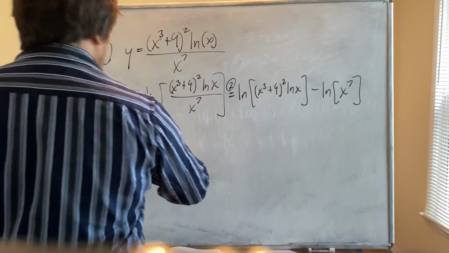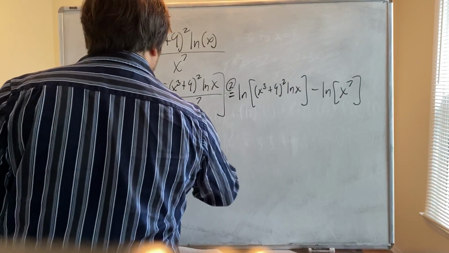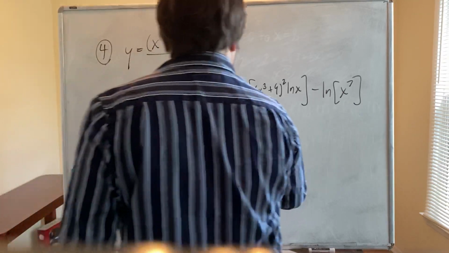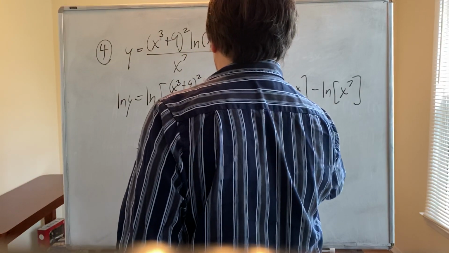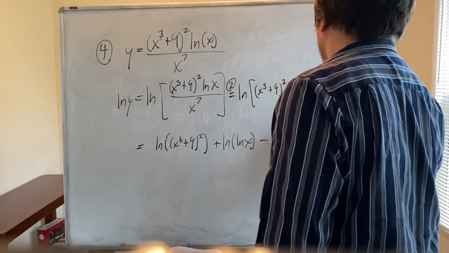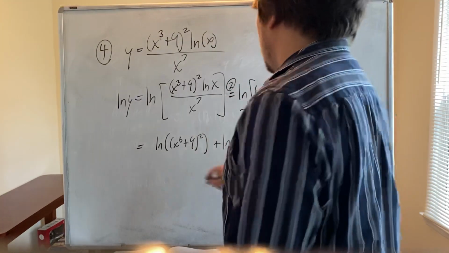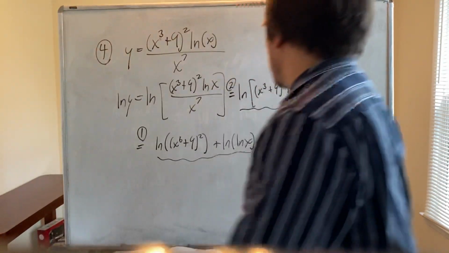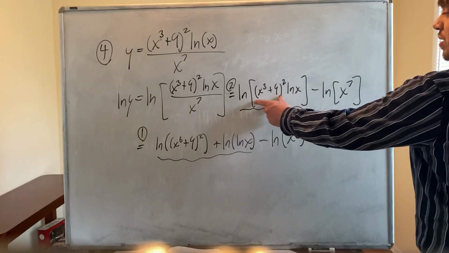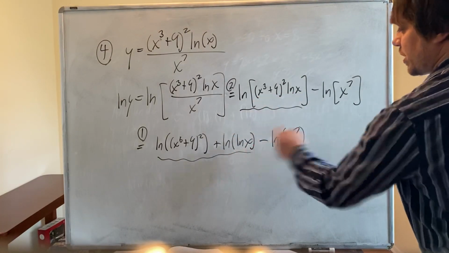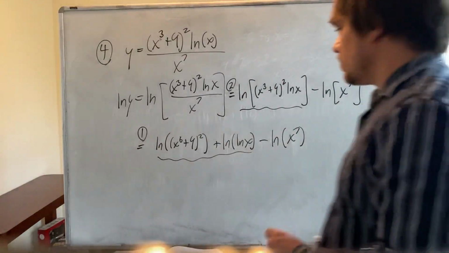This is equal to ln of x cubed plus 4 squared plus ln of ln x minus ln of x to the 7th. This is equal to the sum of those two ln's by the first law of logarithms, right? ln of this times this is ln of that plus ln of ln x, and minus that.